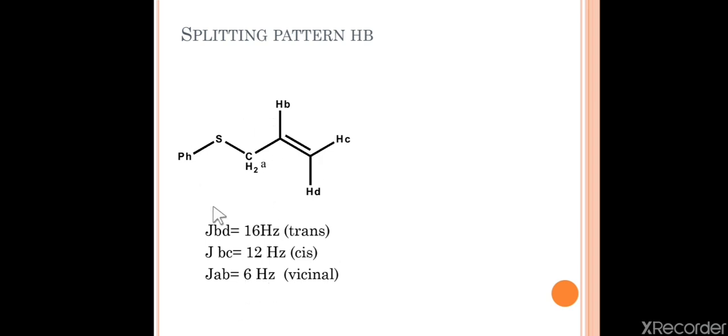So the pattern for HB will be doublet of triplet. The first doublet is the trans coupling, the second doublet is the cis coupling which is 12 Hz, and the vicinal coupling is 6 Hz. So we are considering the largest splitting first. So the pattern for the HB will be doublet of triplet.